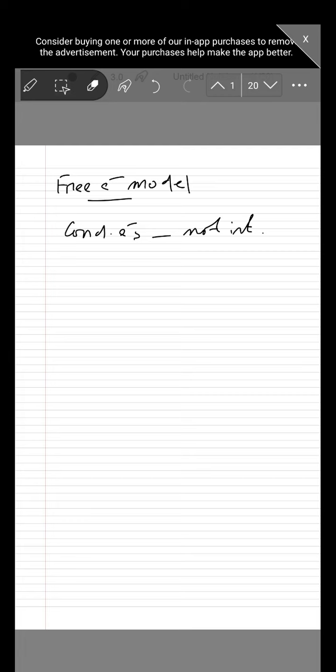You know that electrons follow Fermi-Dirac statistics, and the occupation index is given in the following way.